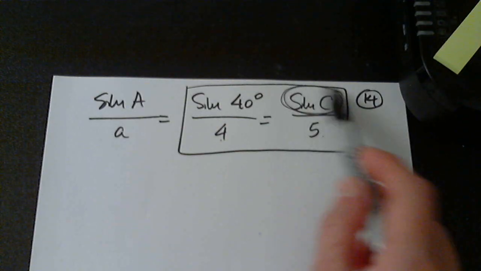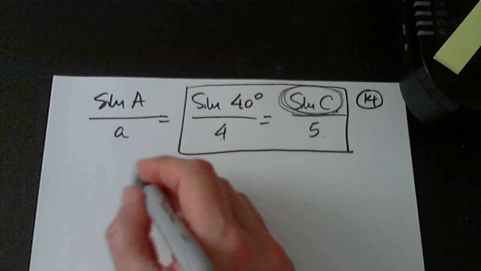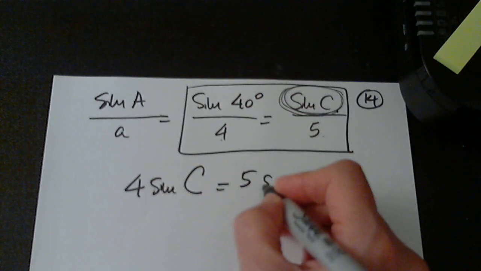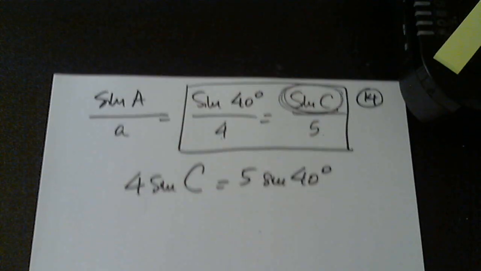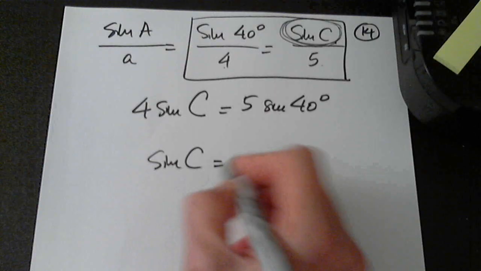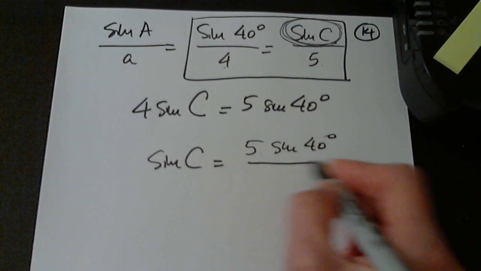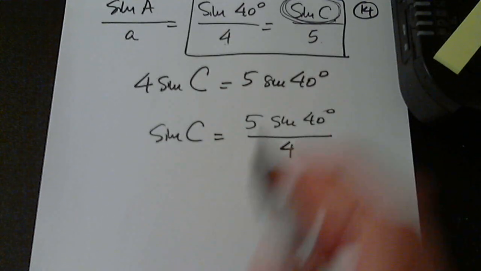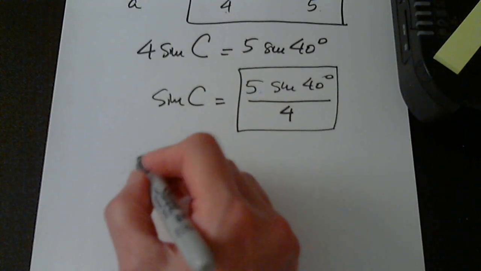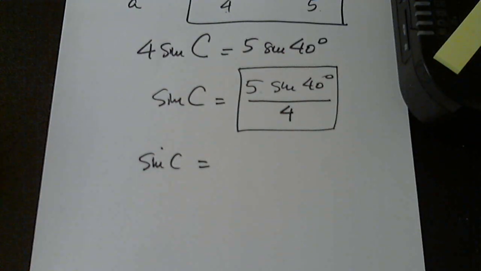From here I can find angle C. Cross multiply. 4 sine C equals 5 sine 40 degrees. And then from here I have sine C equals 5 sine 40 over 4. Let's find that number first.